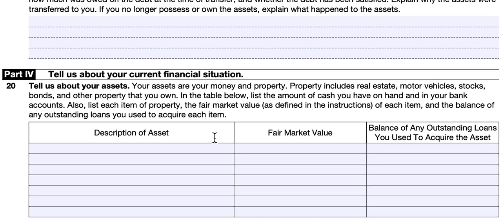Here in line 20, you're going to itemize each significant asset: real estate, stocks, investments, IRAs. You're going to write a description, fair market value, and then a balance of any outstanding loans you might have used. So a car would look like 2014 Honda Odyssey, fair market value $6,000. You have a loan of $5,000 against that asset.